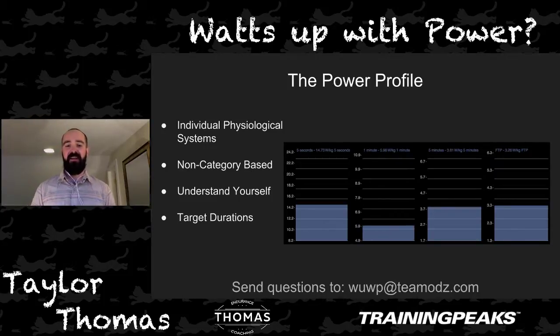So the idea is to be as individualized as possible, and like I said before, drill down and focus on those physiological systems that are at work to produce the efforts that we need to train and race. So again, understanding yourself is the key.